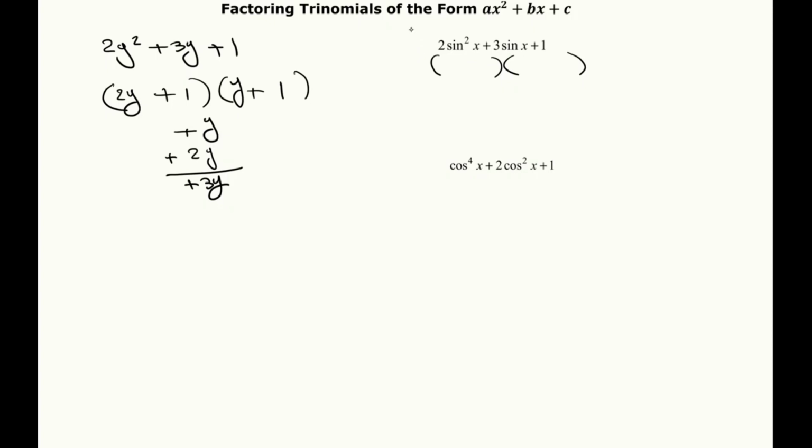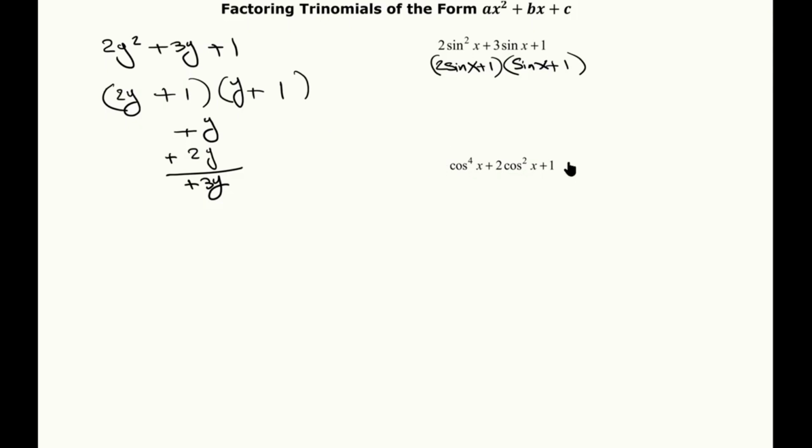So we'll use 2 sine x instead of the 2y here, and sine x. And of course, for the 1, we're going to use plus 1 and plus 1. So just like that. Very simple.